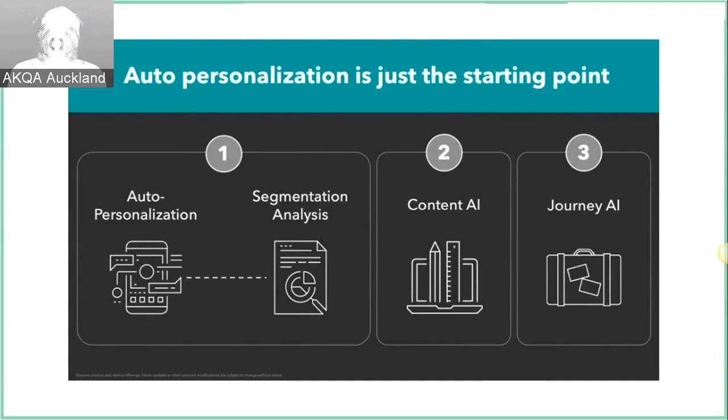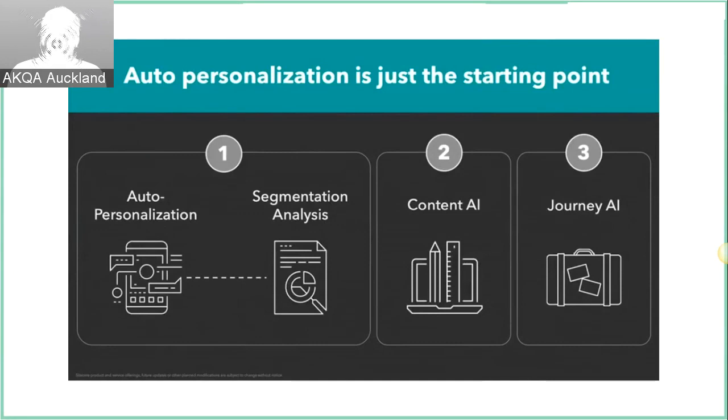Whatever doubts we have, a lot of people who attended the symposium had the same doubts about how it works. But otherwise, what they are envisioning right now for AI is this Sitecore auto personalization, which they are releasing now with 9.3. In future they want to release content AI, to find similarities between content, auto generate content or find similarities, something like that.